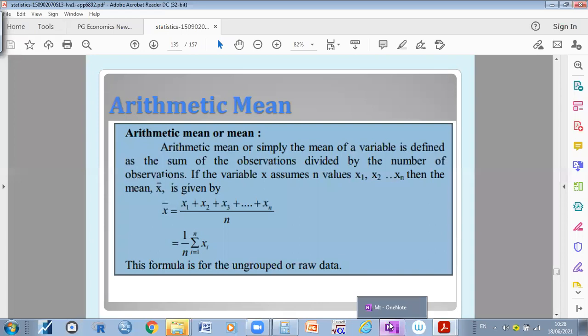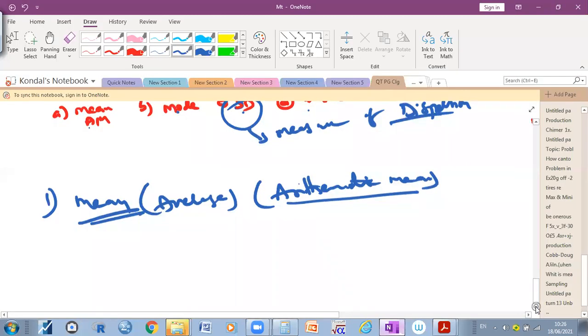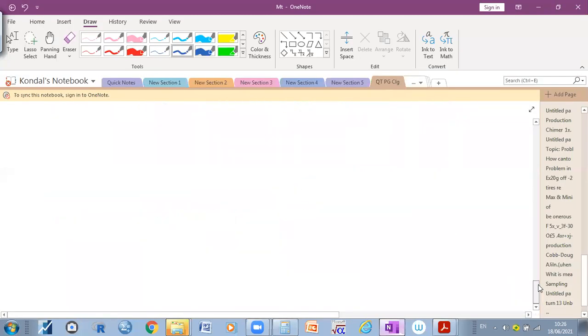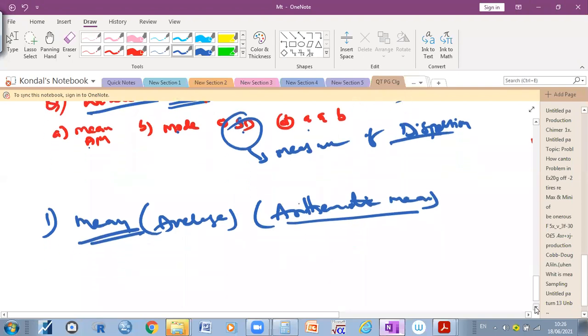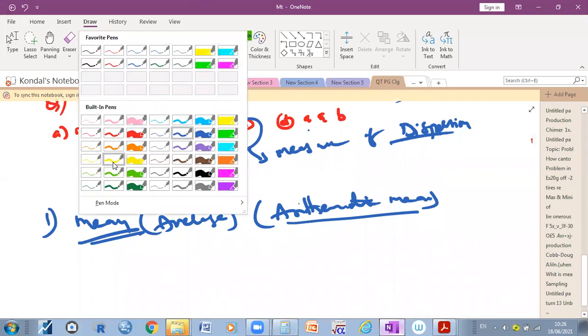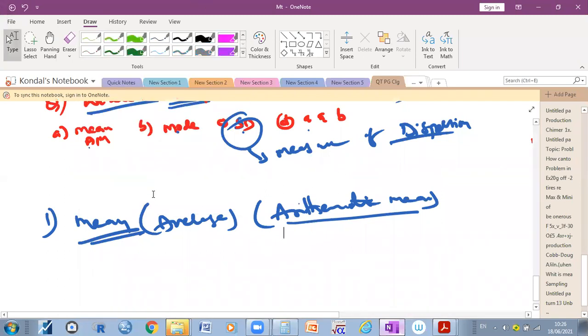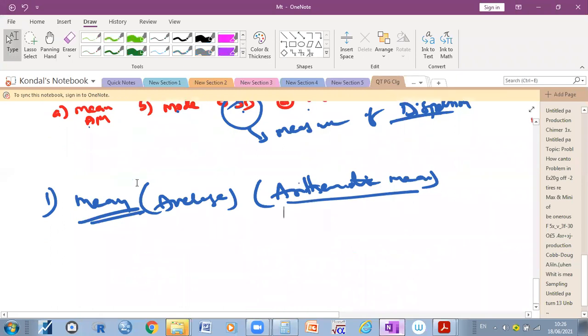Sum of observations, and the number of observations is how many observations we have taken to consider. Can you give any example, Raviraj? We'll start from your example.